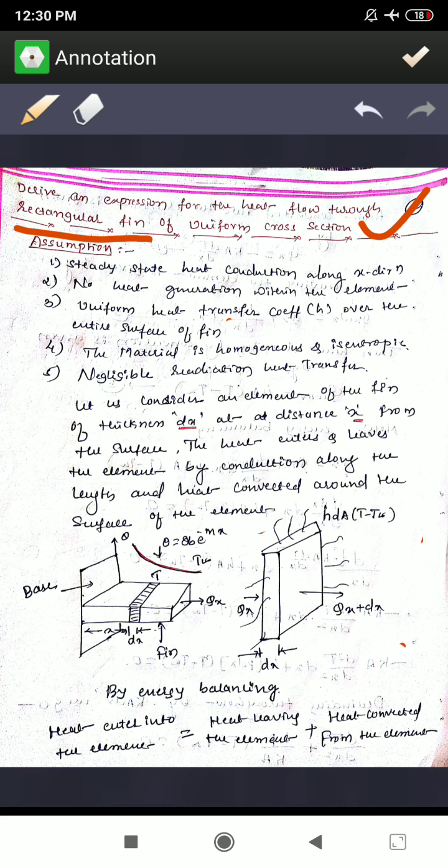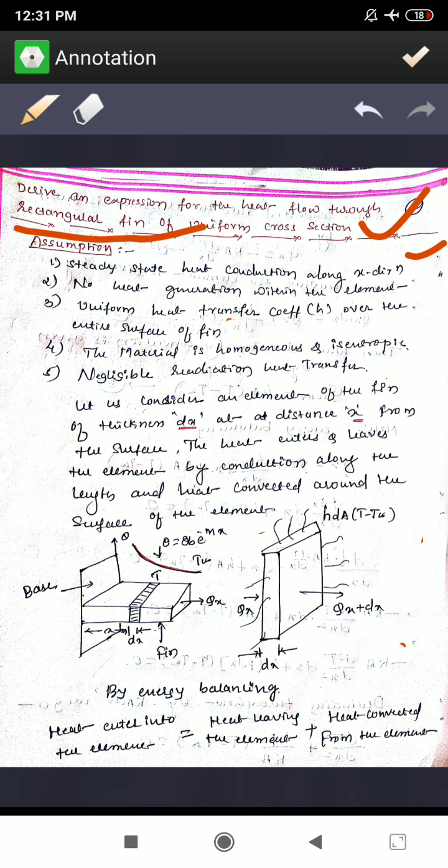Before going to derive the equations, we have to make some assumptions. Those assumptions are: steady state heat conduction along the x direction, which means there is no change in the heat conduction along the x direction.